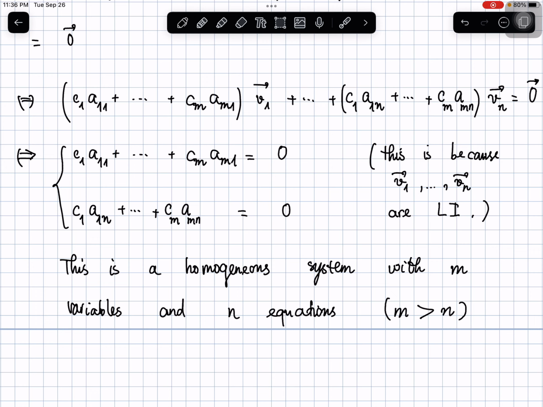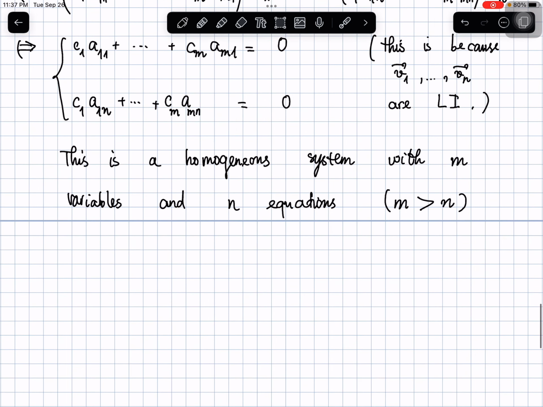And this system is homogeneous. We know that it has at least the trivial solution, right? So c1, c2, cm all zero is a solution. But now the number of variables is bigger than the number of equations, so we have free variables. Then this system also has a non-trivial solution, right?